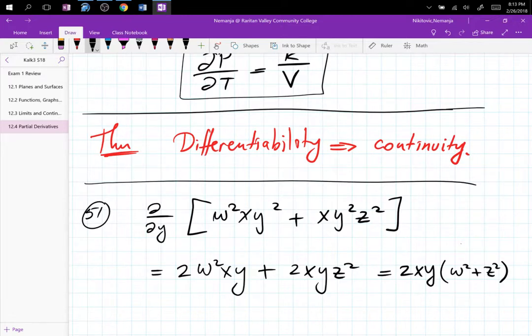So, for instance, if you look at 68, it's not symmetric. If you look at 67, not symmetric. 64, symmetric, because you don't have any differences. You see all x's and y's, they're together. And also for 65, it's symmetric.